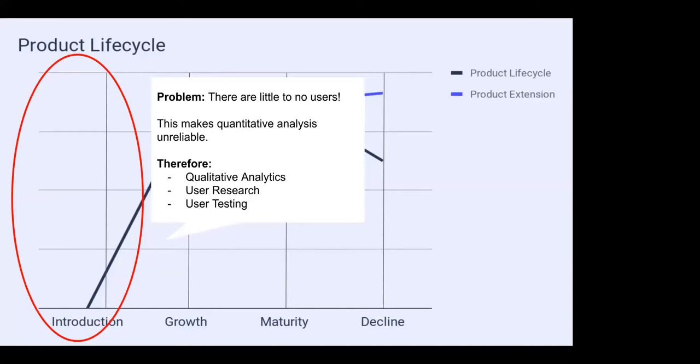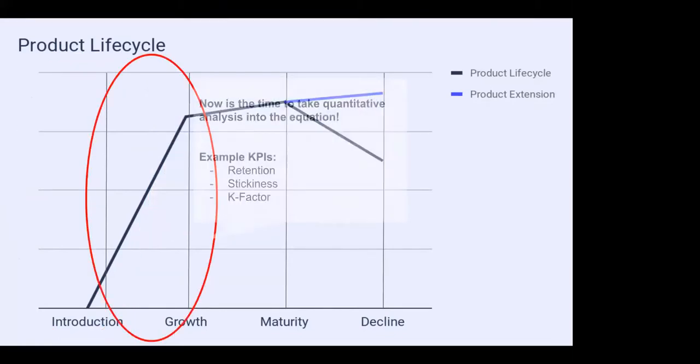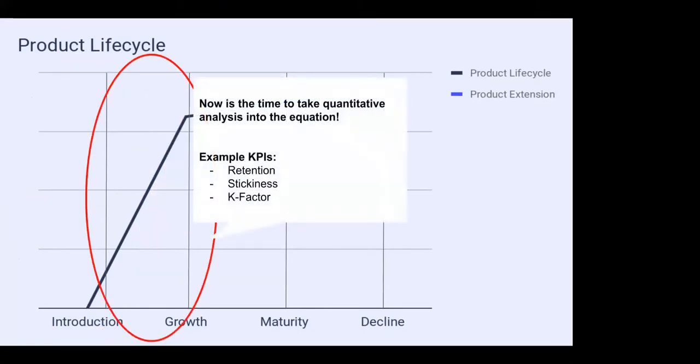Therefore, in this stage of app development, you should really look to focus on the qualitative aspect of things: talk to users, do some user testing, show your app to a person walking across the street. And only if you enter the growth stage and your user number grows, then it's time to take the quantitative analysis into the equation and build your analytics stack in a more sophisticated way.